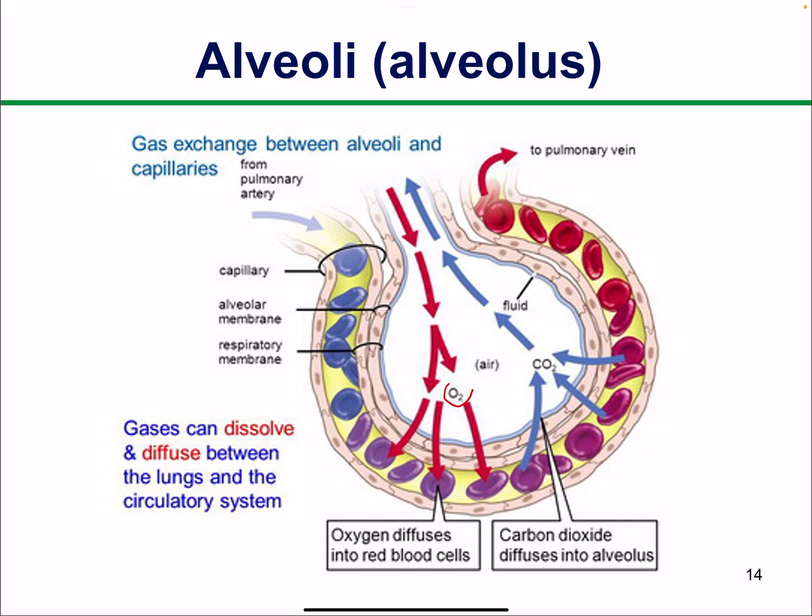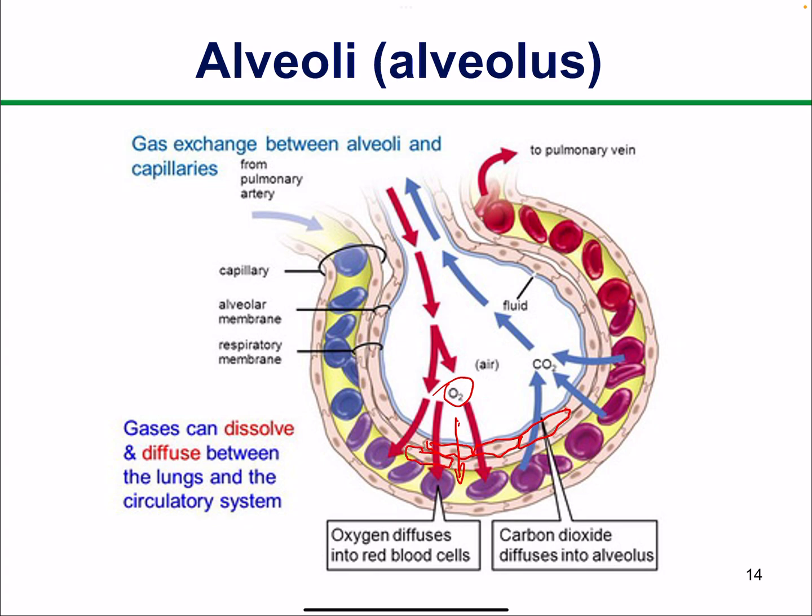So we have oxygen coming from the air we breathe in that is going to diffuse. Oxygen diffuses across the layer of the alveolus, right? This is a simple squamous epithelium making up the alveolus. By the same token, the capillary is also made up of a simple squamous epithelium.